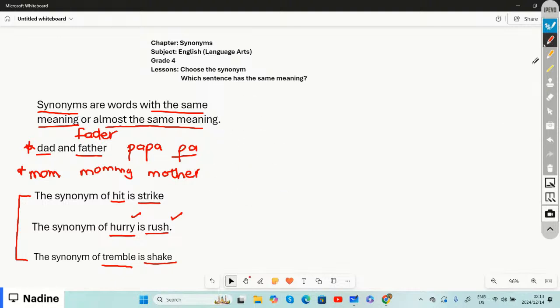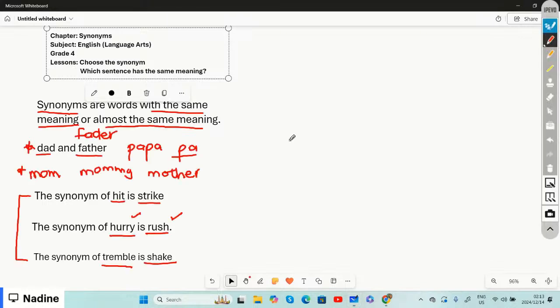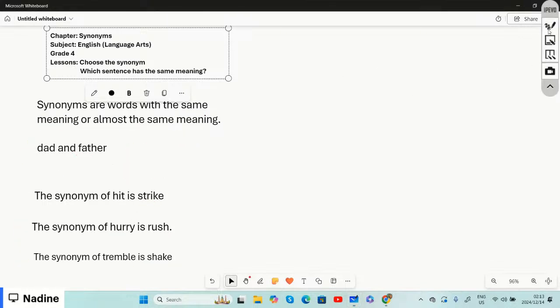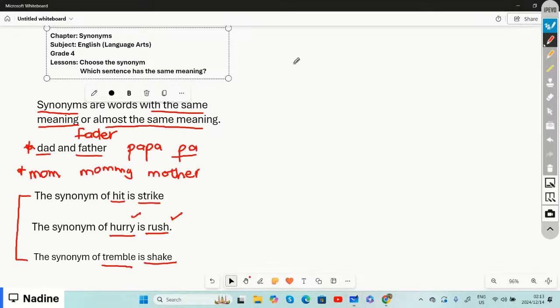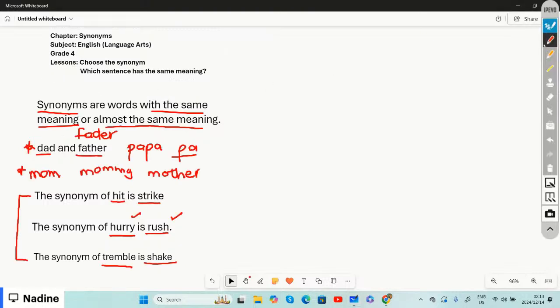I'm going to write down a few words, and you will tell me what the synonym is. So remember, a synonym is a word with the same meaning or almost the same meaning.